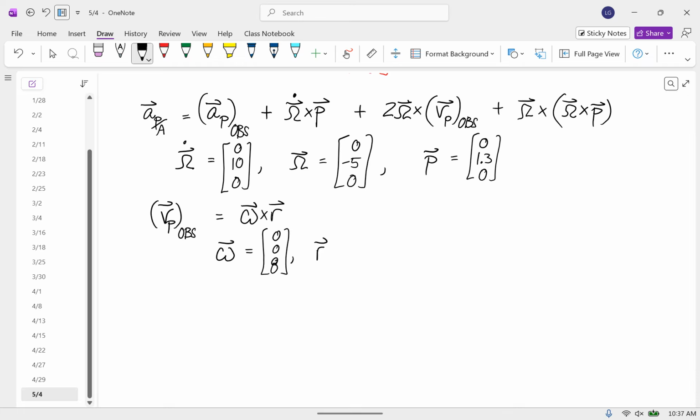And the r vector goes from the center of the circular motion to the point of interest. That's 0, positive 1.30, which this time matches the position vector. Sometimes it does, sometimes it doesn't, depending on where the origin is.